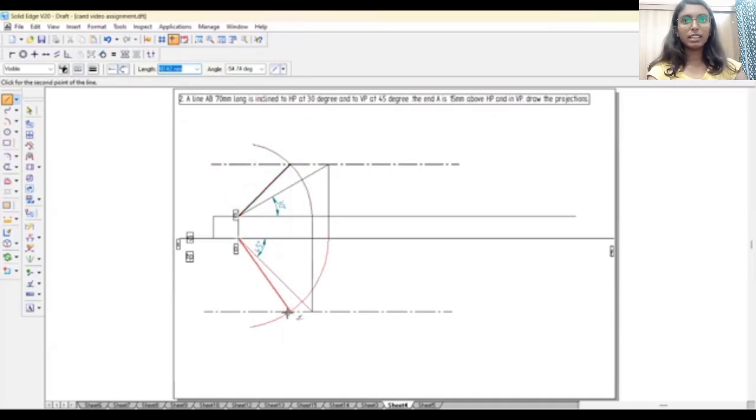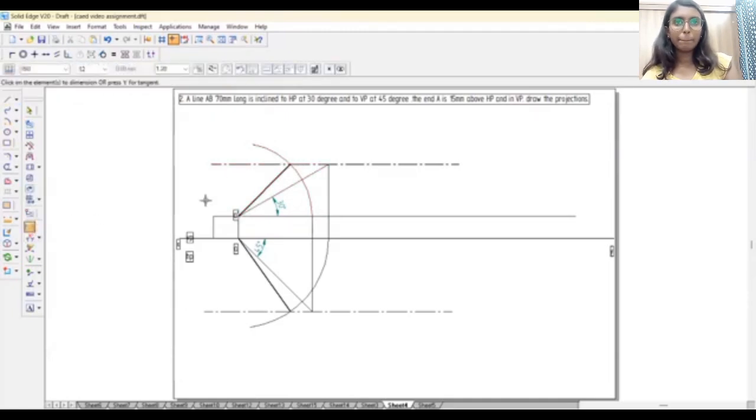Now take the thickness of 0.3 mm and draw a line from the arc cut and the line joined to the line below of 45 degrees. Now extend that line towards your right. Now extend that to top.